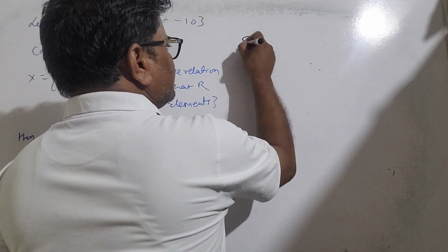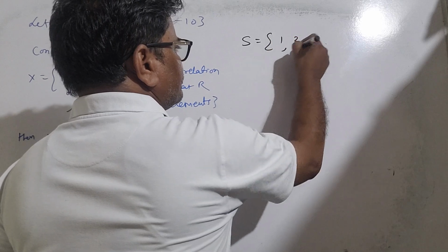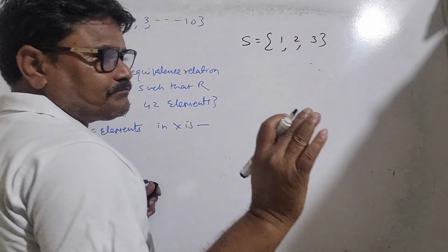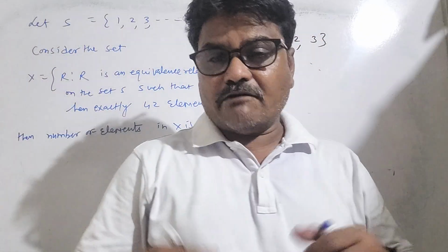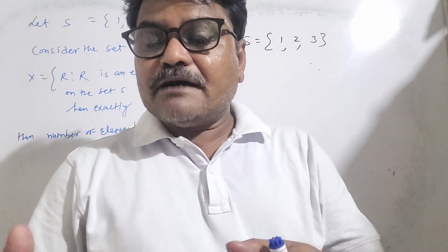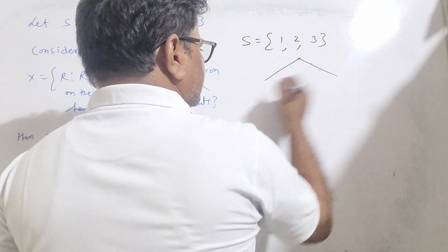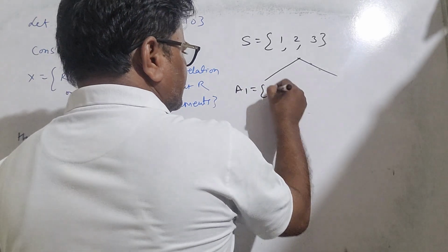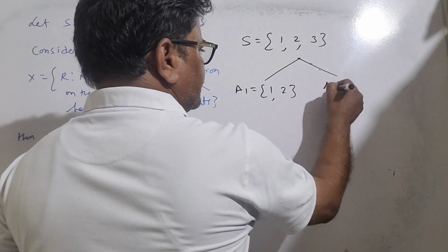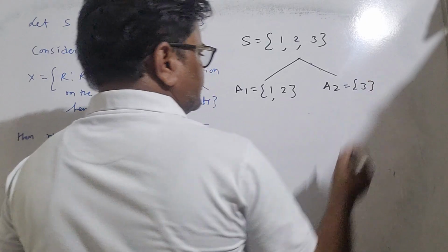See, suppose I have a set containing 3 elements. Now I am explaining the concept. Make a partition of this set. I will make the partition like this: say A1 contains 1 and 2, and A2 contains 3.